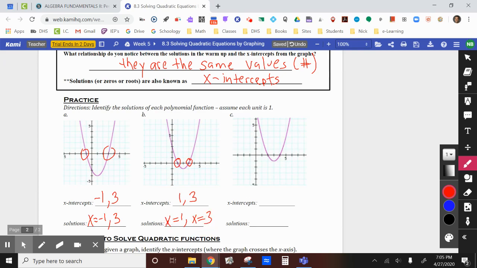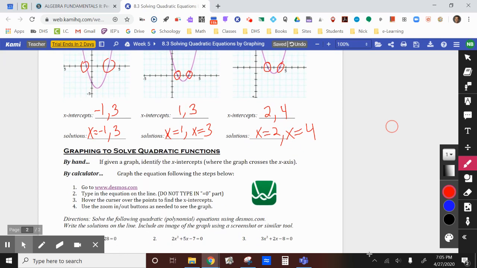And then on my last graph here, this purple line is my graph. I have an x-intercept of 2, and an x-intercept of 1, 2, 3, 4. That means my solutions are x equals 2 and x equals 4. Awesome. That's not too bad.